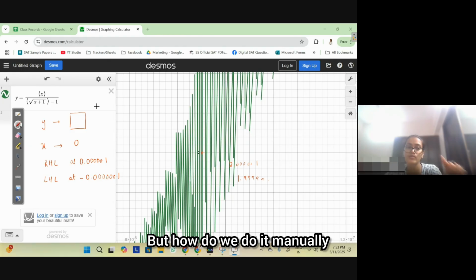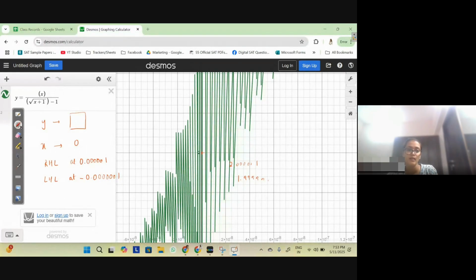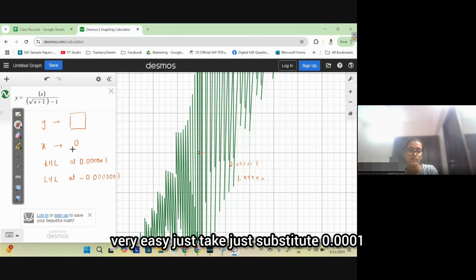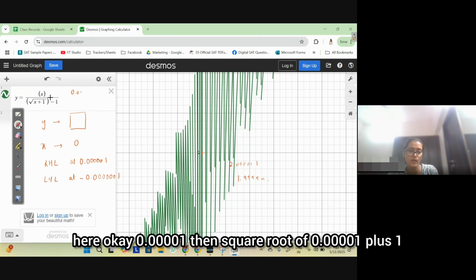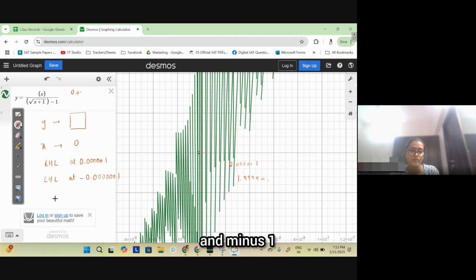But how do we do it manually? Very easy. Just substitute 0.0001 here. Then the numerator is 0.0001 over the square root of 1.0001 minus 1.